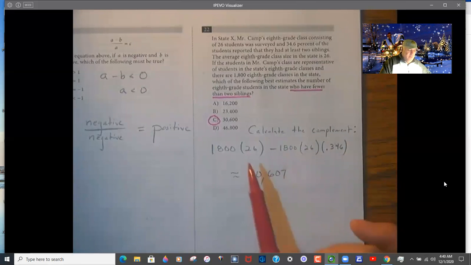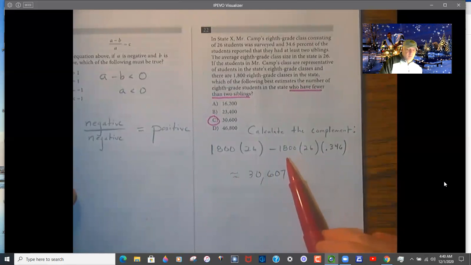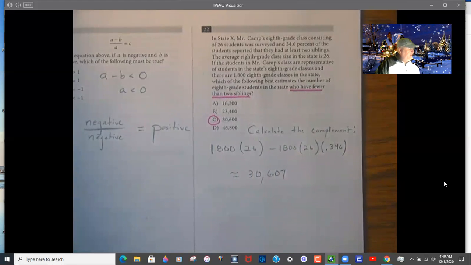So the complement of that is 1,800 times 26 minus that number, which will give you the other number. So whatever this is underneath here would add to this total. So I suppose I should figure that out so it makes some sense to you.